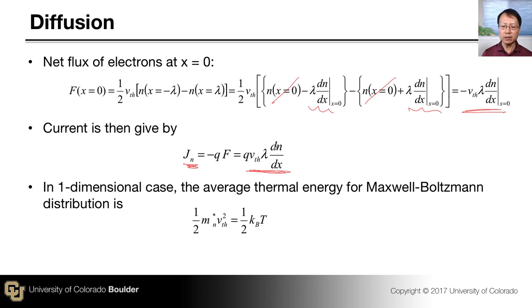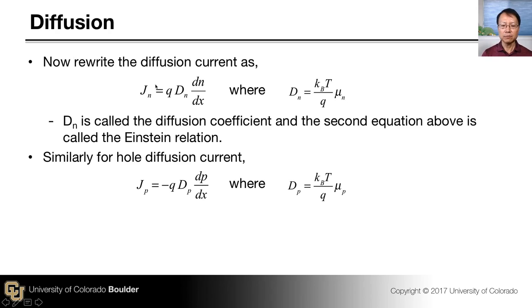So using this, and also recall the fact that lambda is related to the thermal velocity through the mean collision time, lambda divided by tau sub c is equal to the thermal velocity. So using those two, you eliminate vTH and lambda and rewrite it in terms of kT and also the collision time. Then you can derive this equation here.